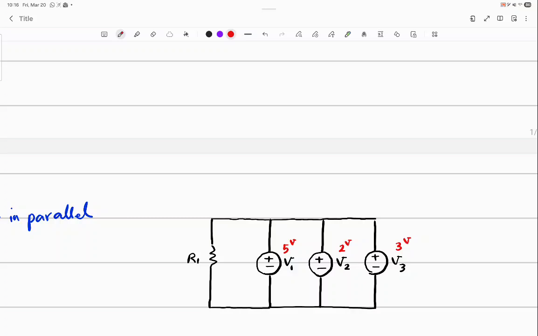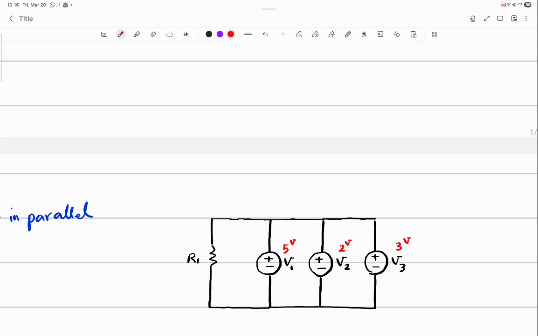Anything bothering you? Do you see what's wrong here? How can you have voltage sources with different values in parallel? What does a voltage source do? The voltage source tries to force the two nodes that it's connected to be equal to some value of voltage.